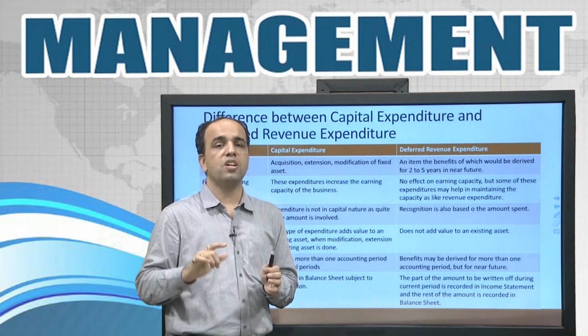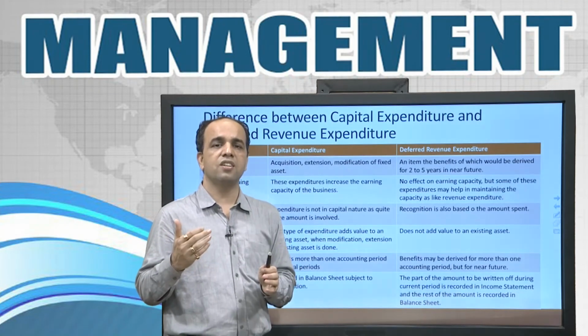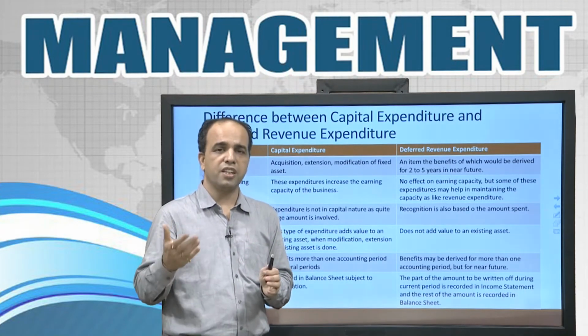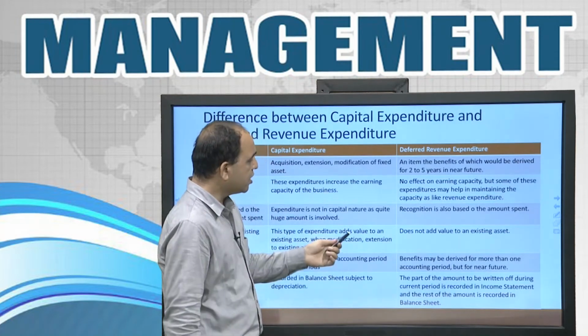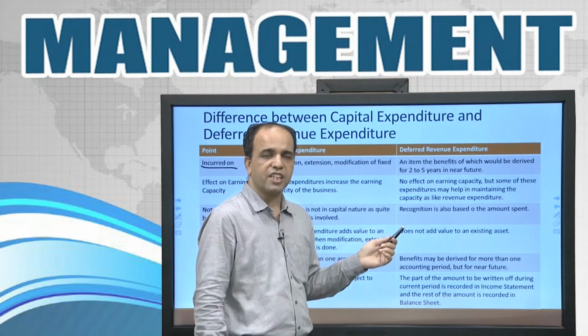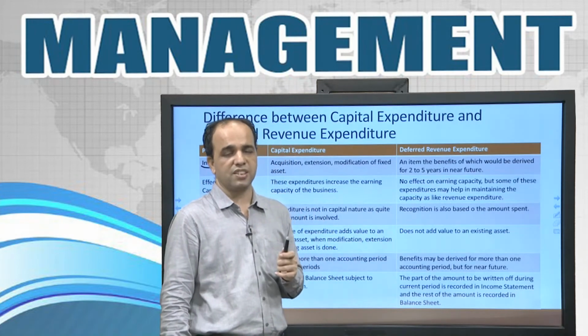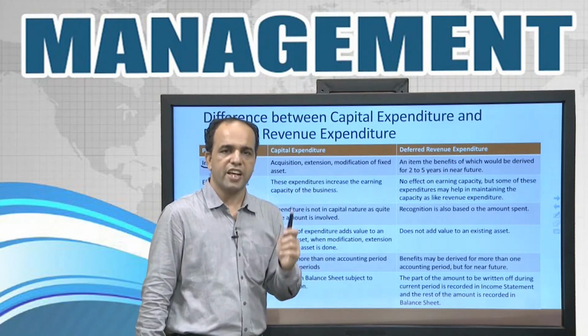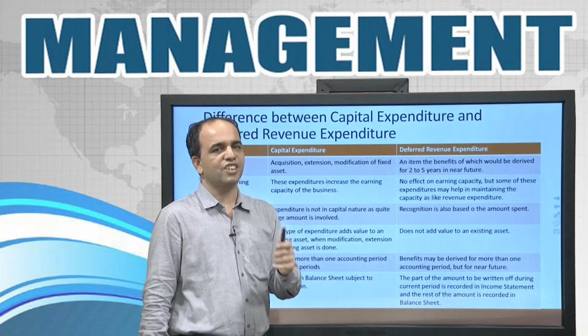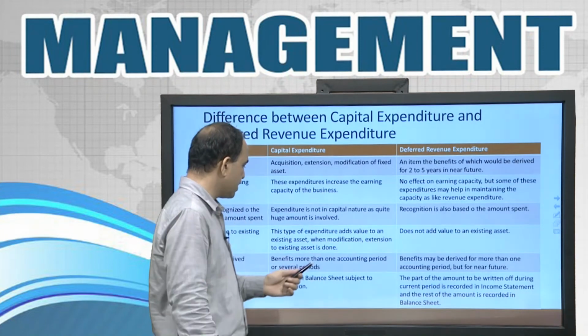So, this is not a real asset like machinery, plant, furniture, land and building, and that is why sometimes it is written under miscellaneous expense or fictitious asset. Fictitious assets means this is not a real asset; these are the expenditure to the extent not written off. This is the general definition we use.